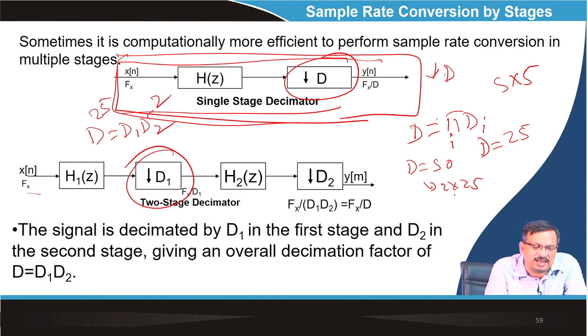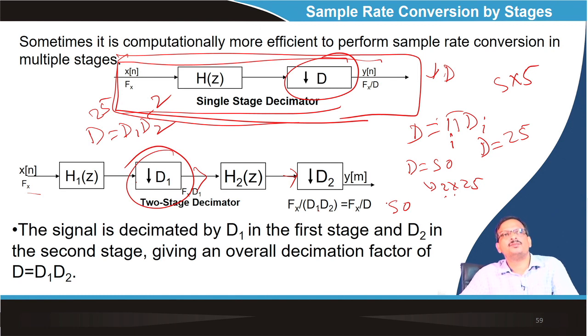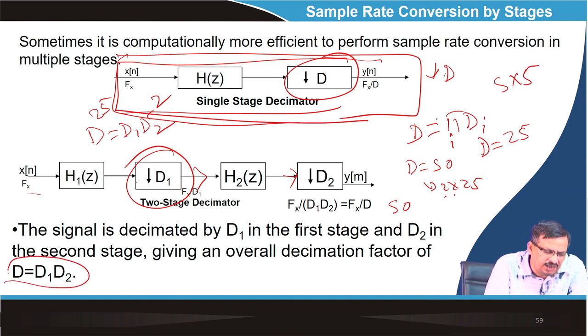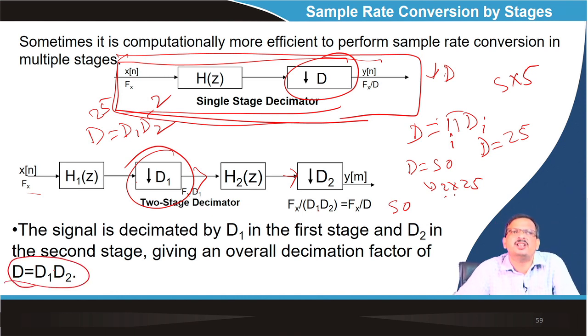First I downsample by D1, then again by factor 2, so ultimately total downsampling is 50. So, instead of single stage, I can use multiple stages for downsampling. Overall decimation is D1 multiplied by D2. This can be done.